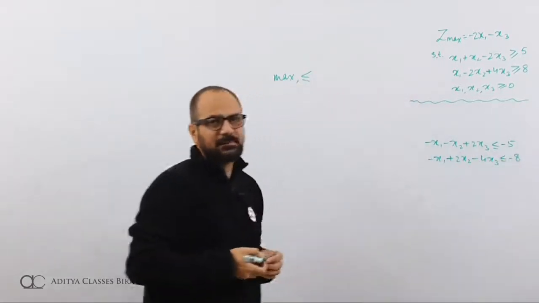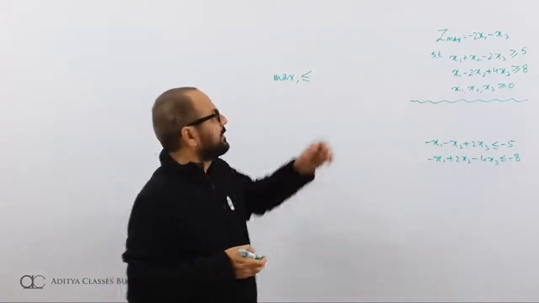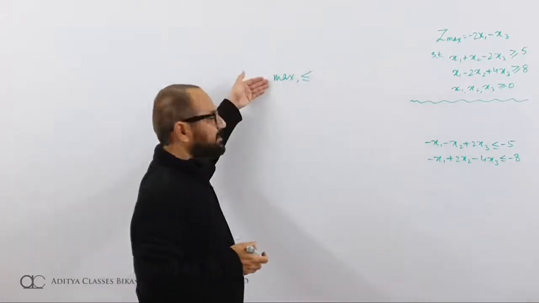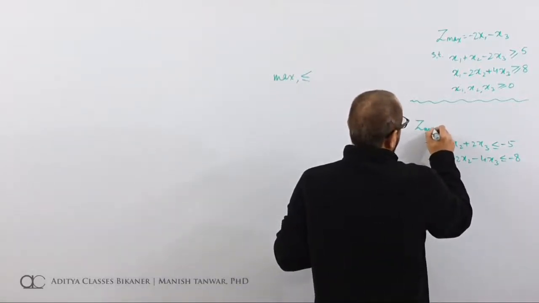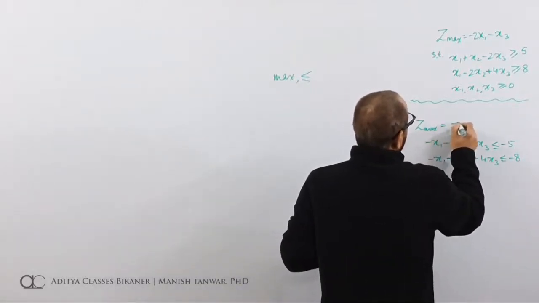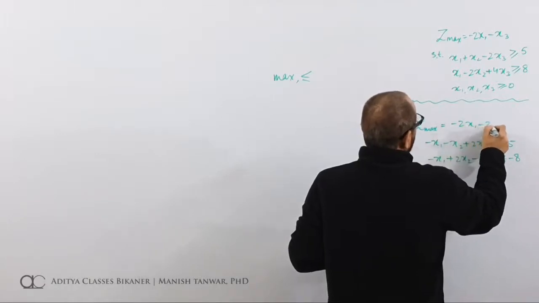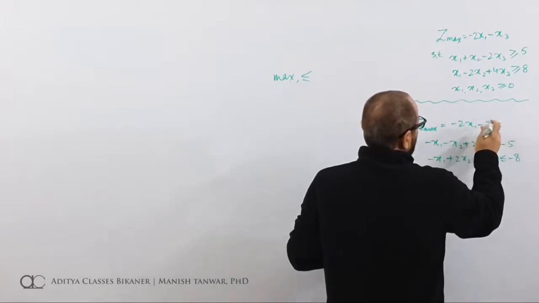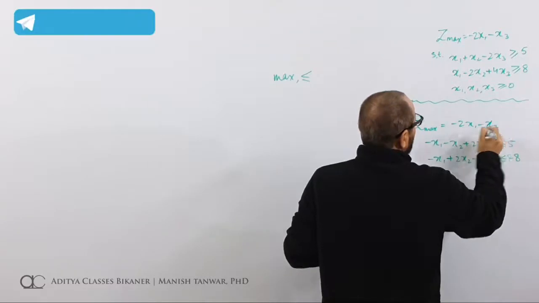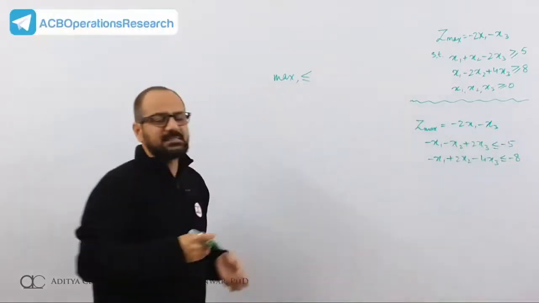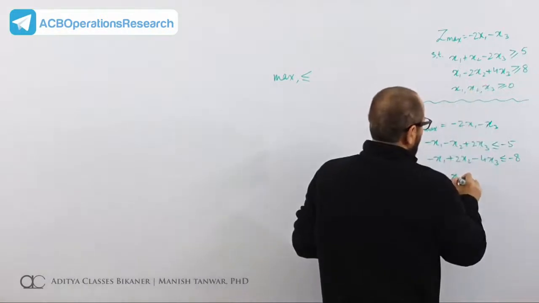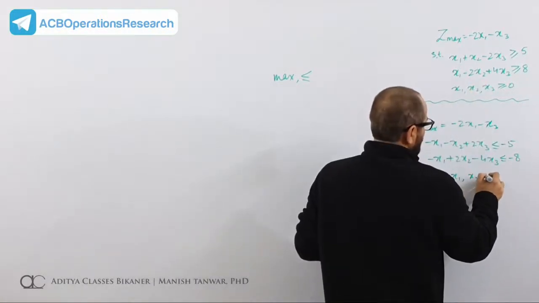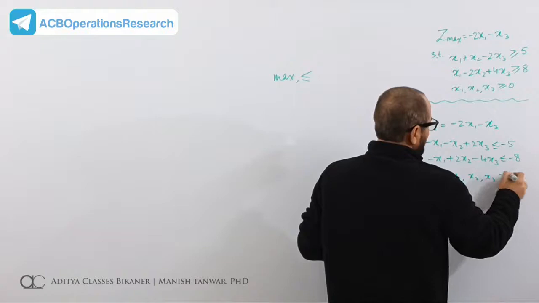So these will be my two constraints. As far as the objective function is concerned, it is maximization, so no issues. Zmax is equal to minus 2x1 minus x3. We are not touching this because it is already in maximization form. Then we have x1, x2, x3 greater than or equal to 0.